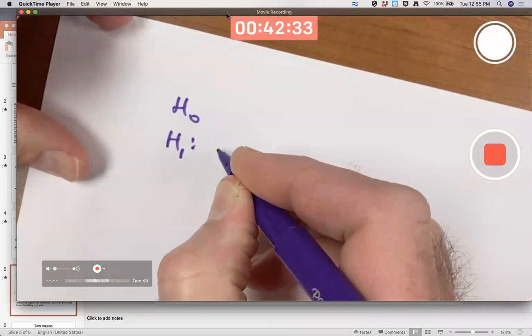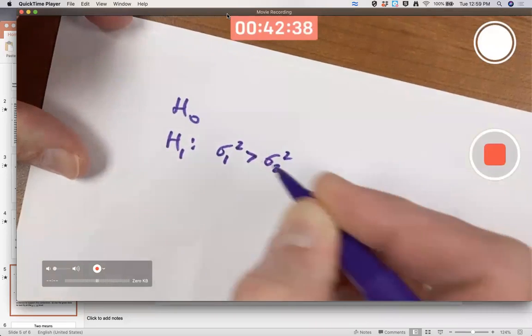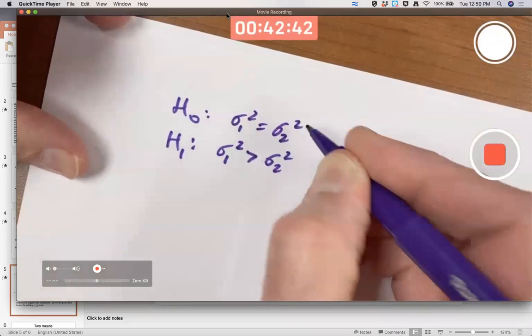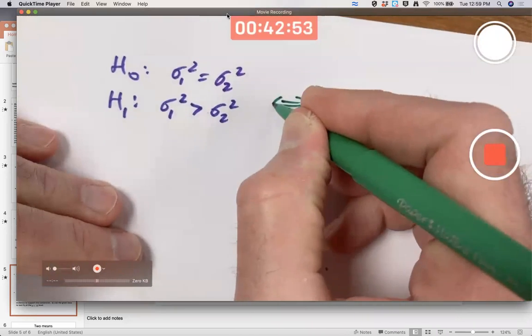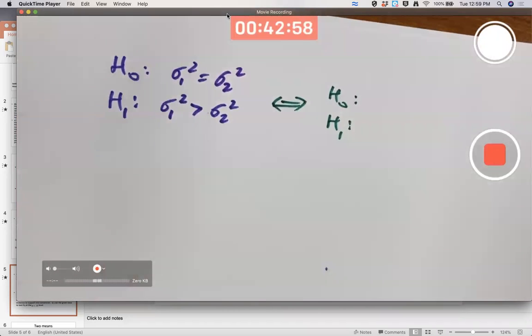The alternative hypothesis is going to be that sigma 1 squared is greater than sigma 2 squared, and the null is that they're equal. Equivalently, I could write these hypotheses in terms of differences of variances, just like we did with differences of proportions, and we'll do with differences of means, in fact.